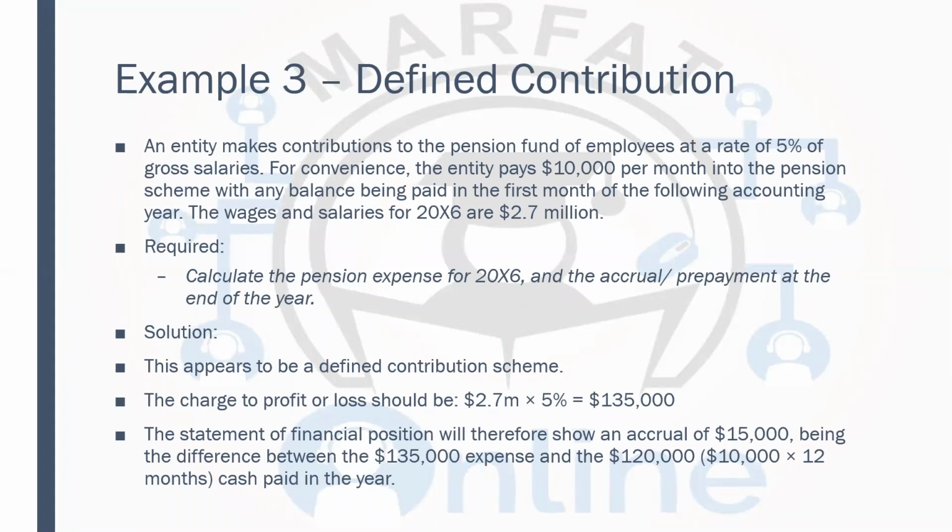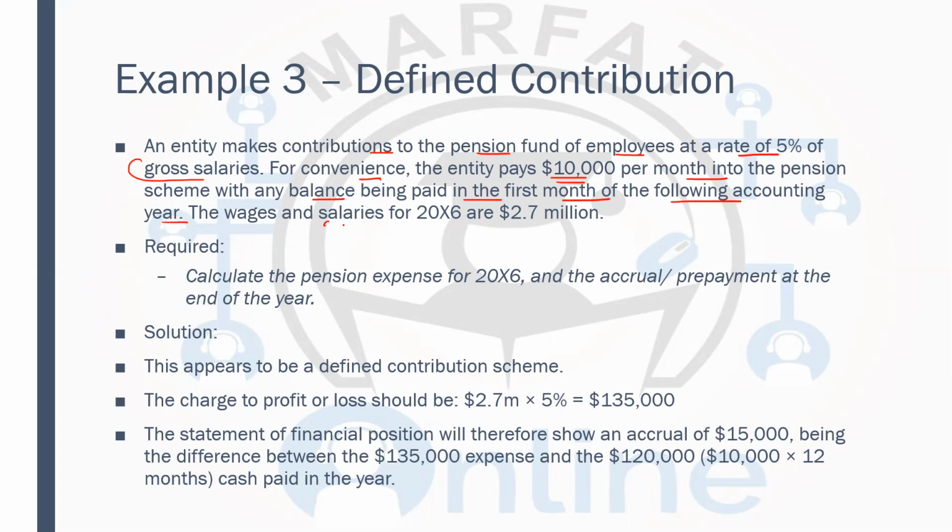Example number 3, an entity makes contributions to the pension fund and employees at a rate of 5% of the gross salaries. For convenience, the entity pays 10,000 per month into the pension scheme, with any balance being paid in the first month of the following accounting year.